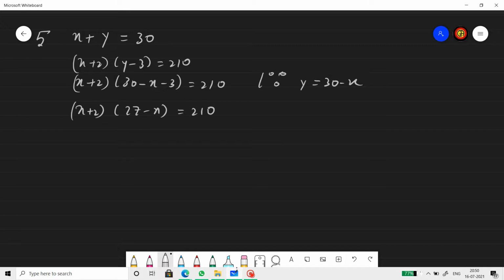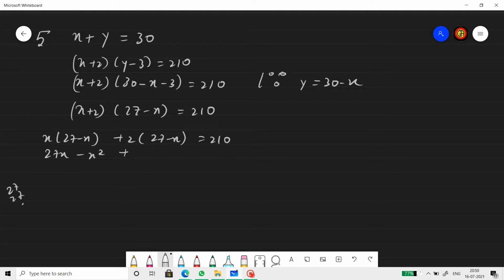Let's multiply x into 27 minus x plus 2 into 27 minus x equals 210. So this will give us 27x minus x square plus 27 into 2.